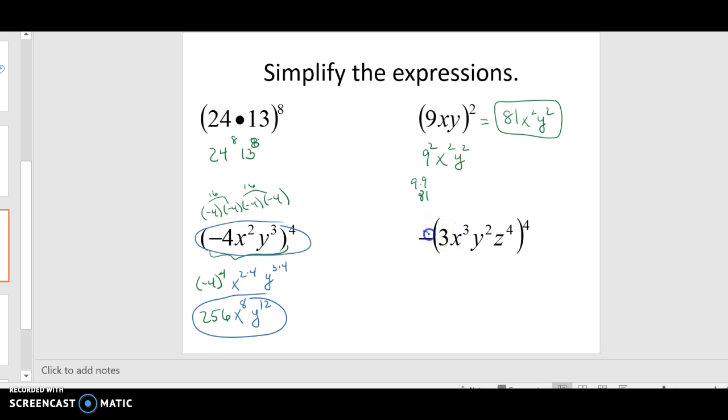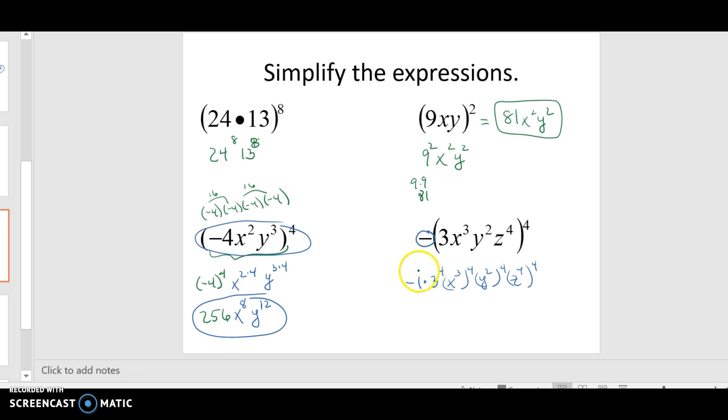So the next one, is this negative inside or outside the parentheses? All right, it's outside. So that is going to be like -1 times something. Now what I'm basically doing is raising everything inside here to the fourth power. 3 to the fourth, x to the third gets raised to the fourth, y squared gets raised to the fourth, z to the fourth gets raised to the fourth.